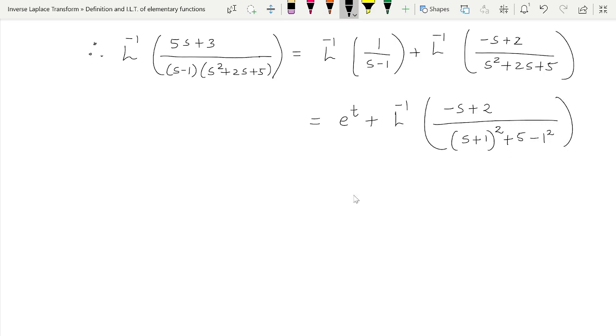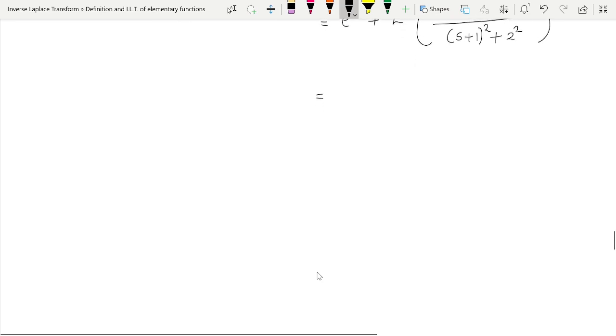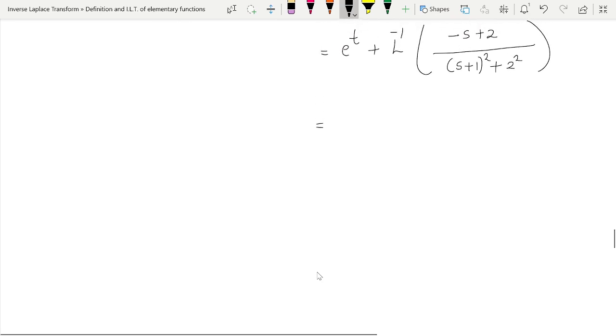Okay, so which is further equal to e raised to t plus L inverse of minus s plus 2 upon s plus 1 whole square, and 5 minus 1 will be 4, which is 2 square, which is equal to e raised to t. Now you can see that in the denominator we are having s plus 1, so we need to adjust that s plus 1 in the numerator as well.